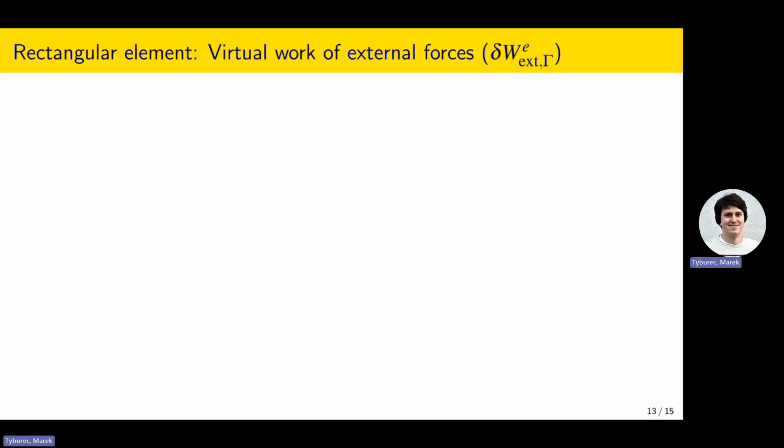Okay, so we have this E, W, external, and now this is on this gamma P boundary.